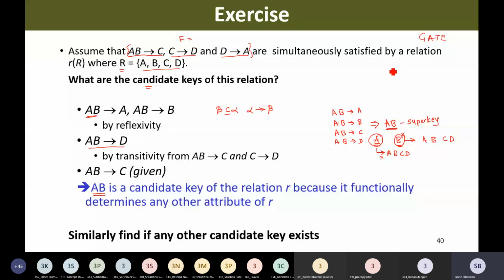So in the next session, you should come up with the solution for this problem. As we have found out AB as one of the candidate keys, find out if any other candidate keys are also there for this relation. So this is the homework for you.